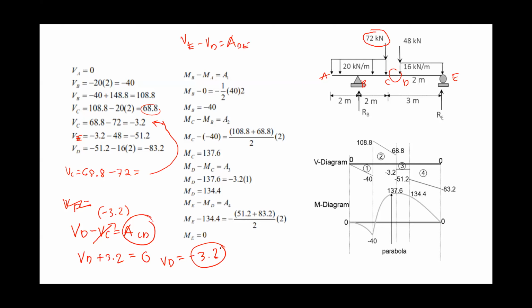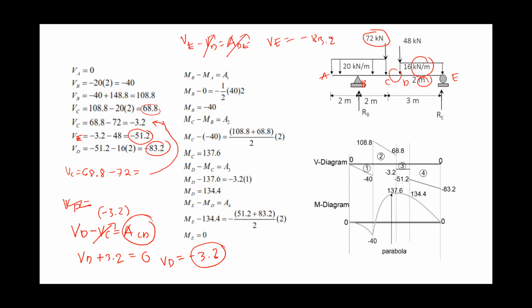Ang VD natin is negative 3.2. Pakilagay na lang dyan. Area ng D to E is 16 times 2. Substitute nyo dyan. Tapos makuha natin yung VE equal sa negative 51.2. Hindi. Sorry. Ito pala, negative 83.2.